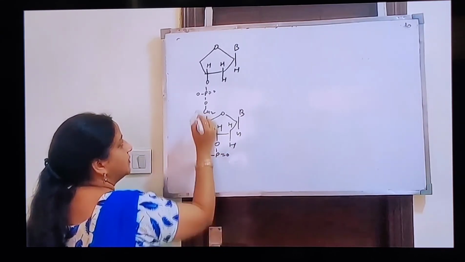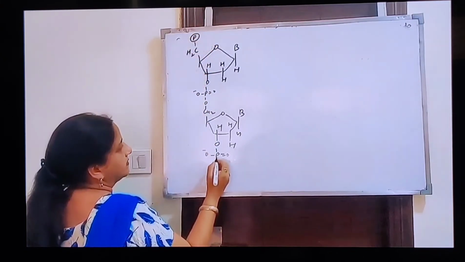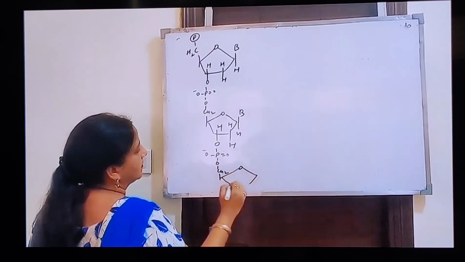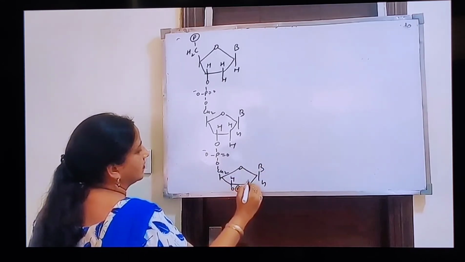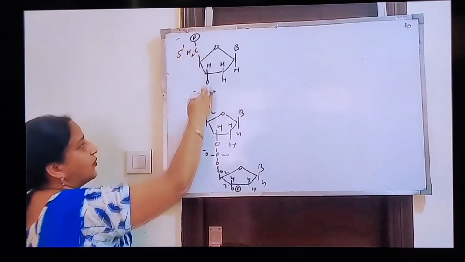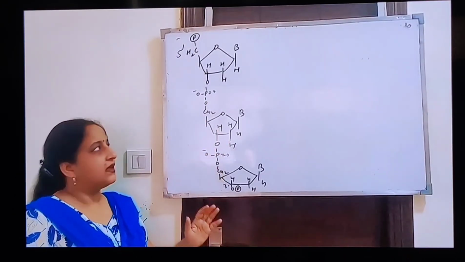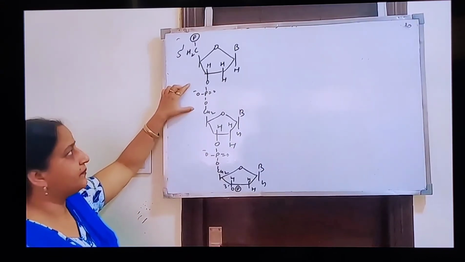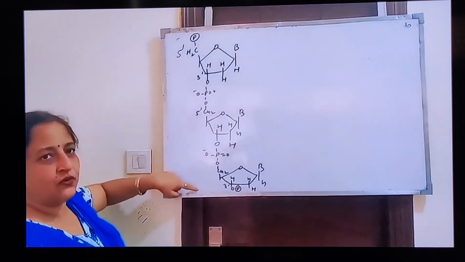This is the phosphate group. Children, this is a polynucleotide chain. In this chain, I have joined three nucleotides, and one nucleotide is joined to the other through this phosphodiester bond, 3' to 5', 3' to 5'.